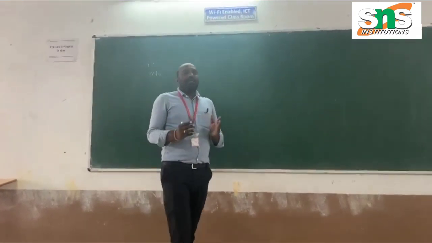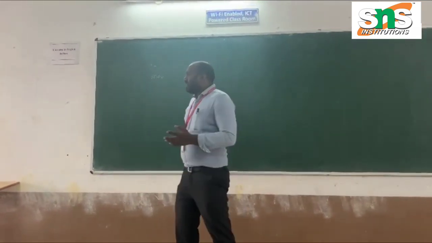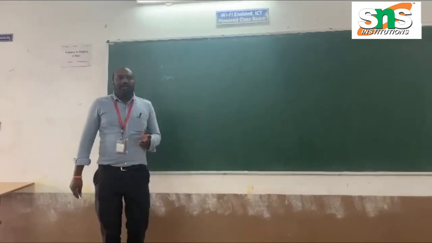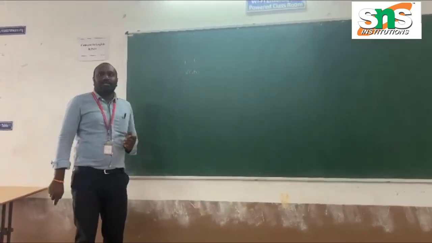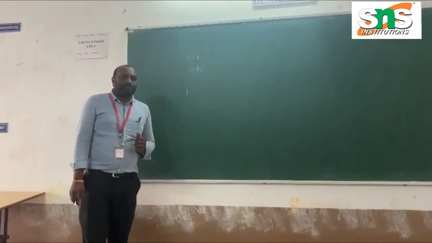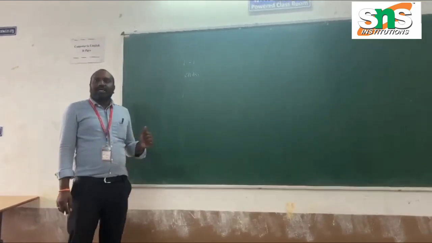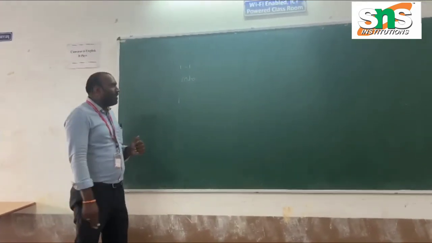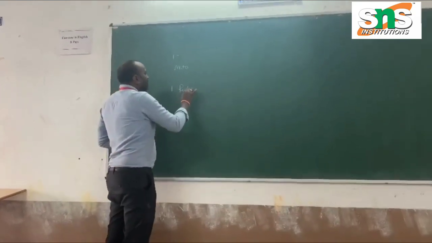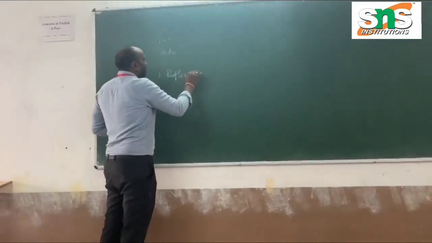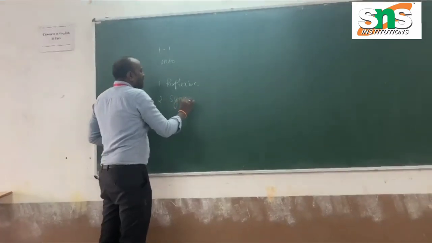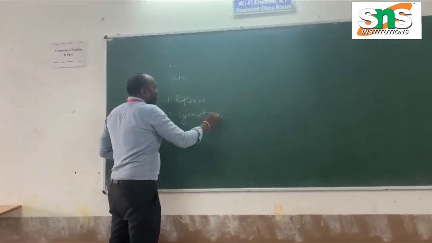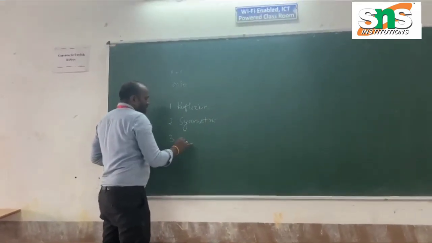In this relation, the equivalence relation is the first one. Basically three conditions must be satisfied for it to be called a relation. First one is reflexive, second one is symmetric, third one is transitive.